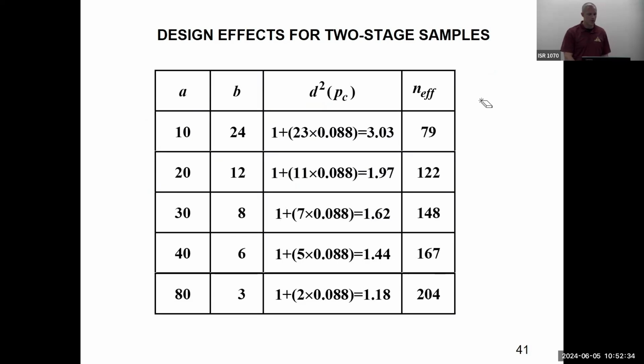So here's what the typical sample designer would look at in making those choices. All of these choices for little a and little b give us the same sample size, but they result in different design effects and different effective sample sizes by definition.